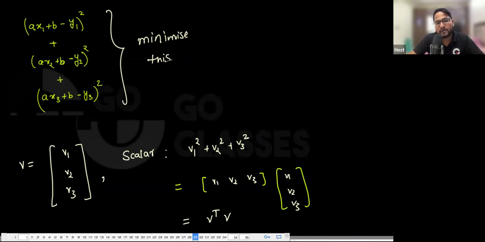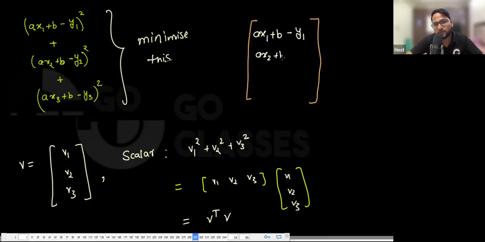So can I define a vector? I will name it a little later, but can I define a vector like this, which is ax1 plus b minus y1, ax2 plus b minus y2, and so on. Or maybe let's just have three numbers, plus b minus y3, right?